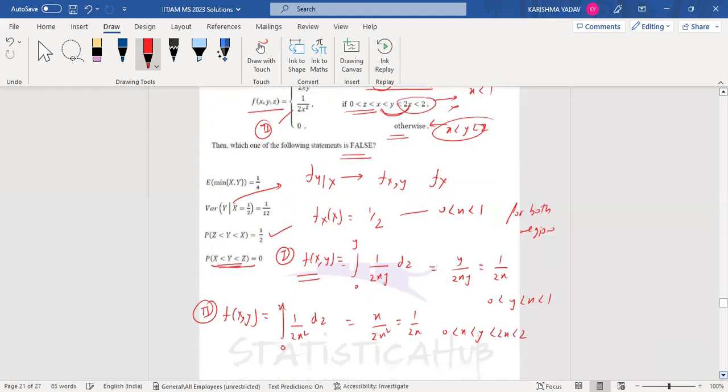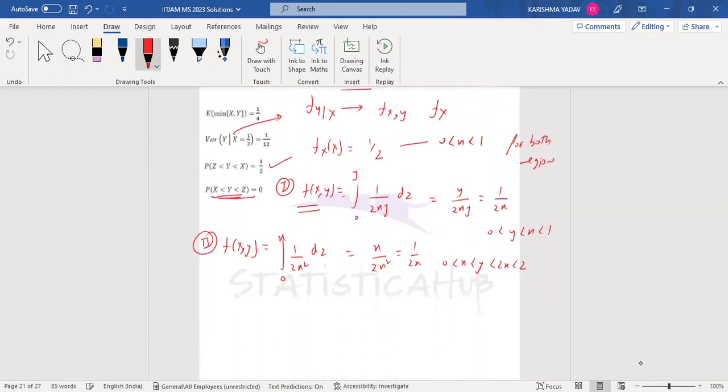So what did we get here? Look at this very carefully, we want f of y given x. The joint for the first region is 1 by 2x and the joint for the second region is also 1 by 2x. Similarly, the marginal for both of these regions is 1 by 2.